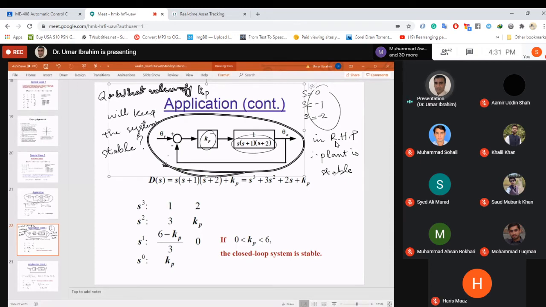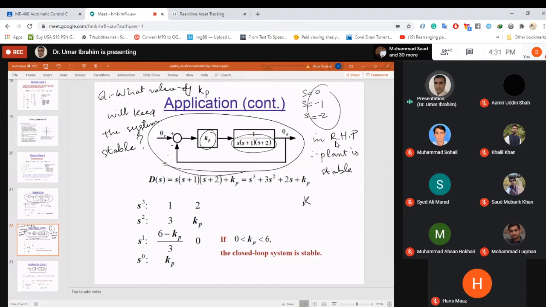For what value of Kp will keep the system stable? Now Kp can have any value from 0 to less than or equal to infinity. ठीक है, यहाँ तक clear है student? Question? Students? Yes.